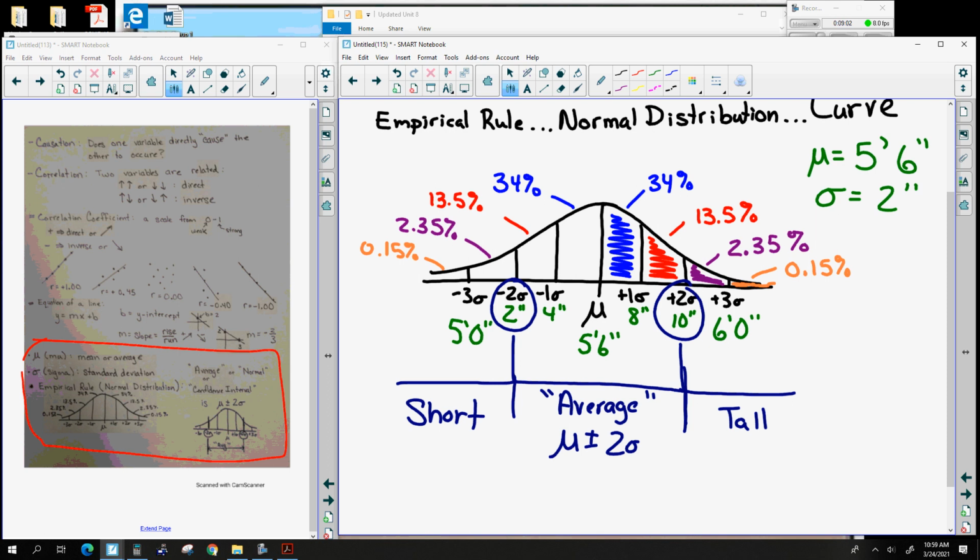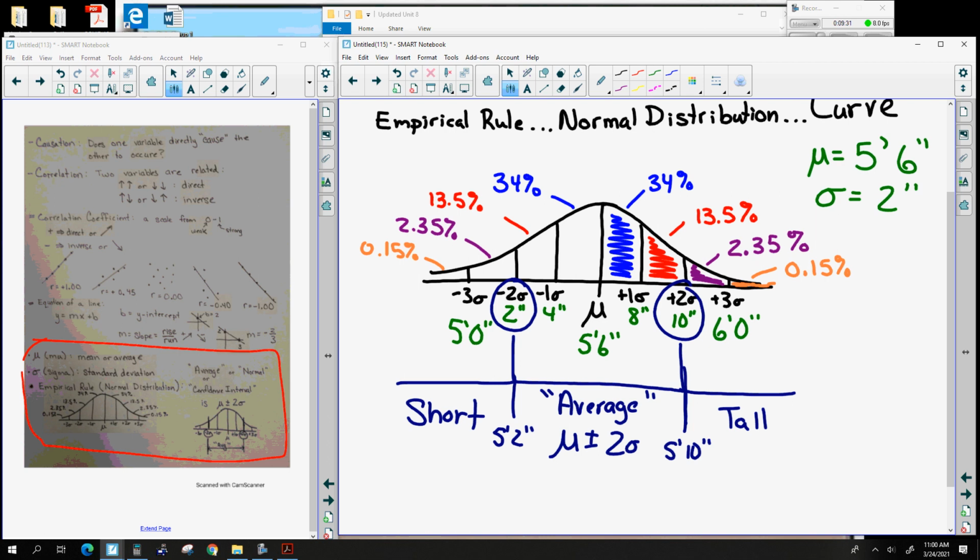So if John comes walking along and John is 6'1", we could quantify John as being tall. However, if Billy comes around and Billy happens to be 5'9", 5'9" would be average, because again, it's between 5'2" and 5'10".